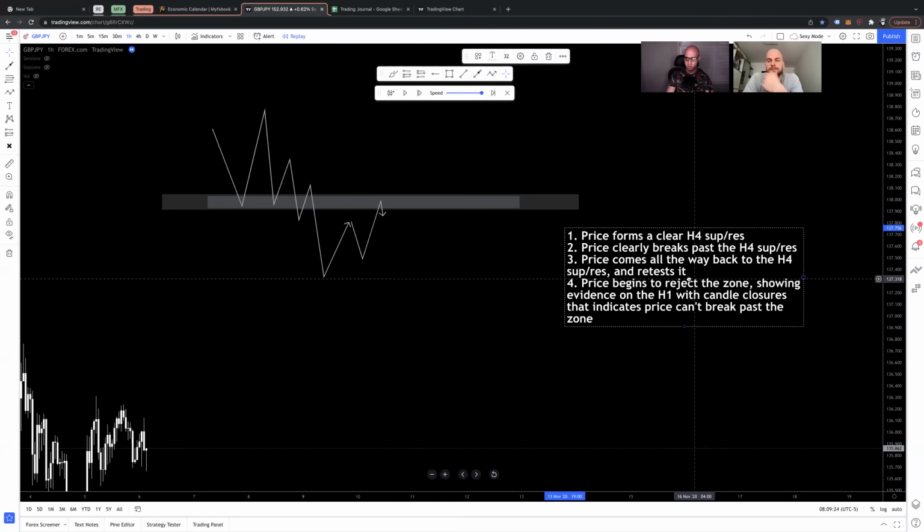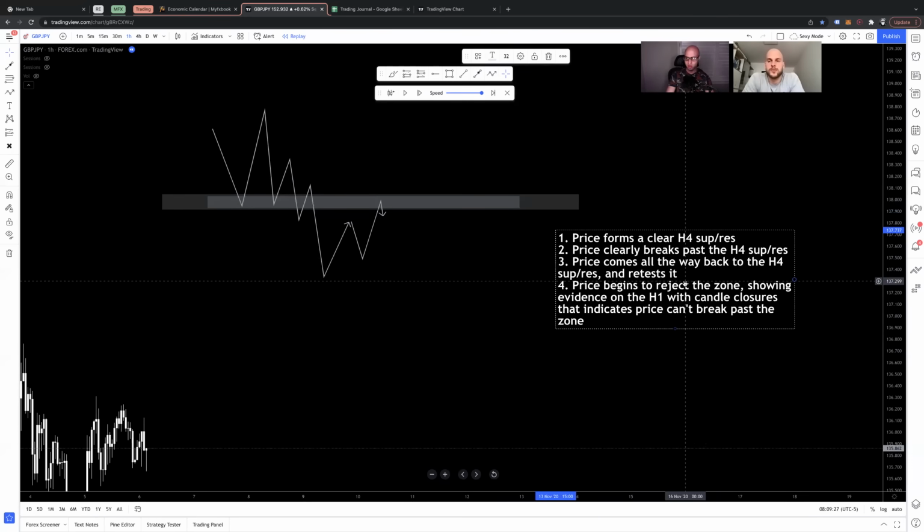So give me two examples. Just pick two examples of what price would have to look like on the H1 as far as the candlestick. What would it have to look like to show you evidence that it's rejecting the zone in this scenario? I would think it would need to close below at least the bullish candle. That's number one, and preferably an engulfing, or pin bars are also pretty cool.